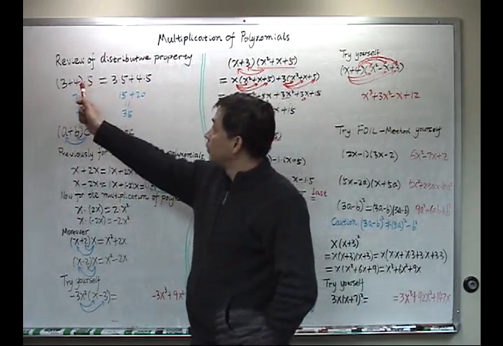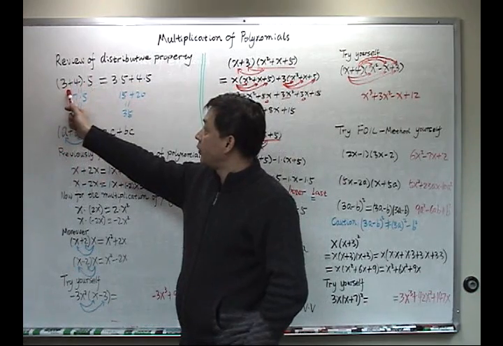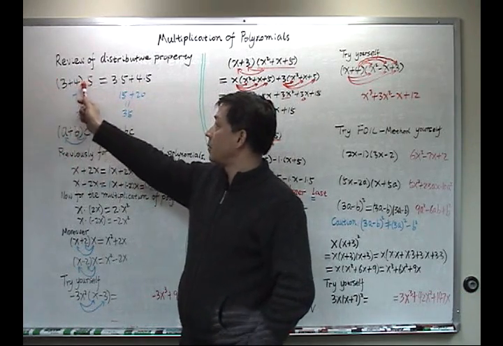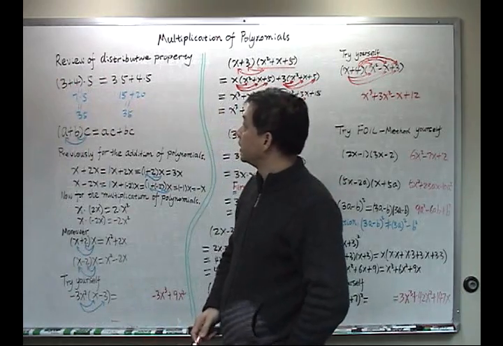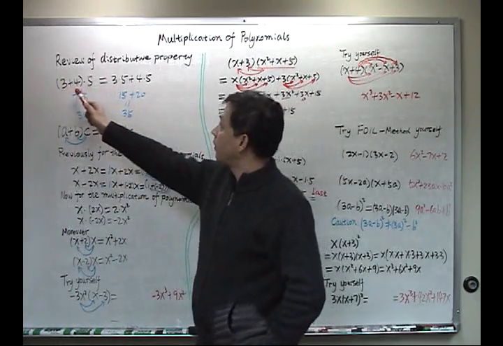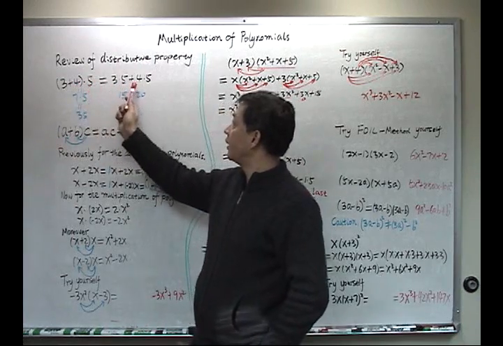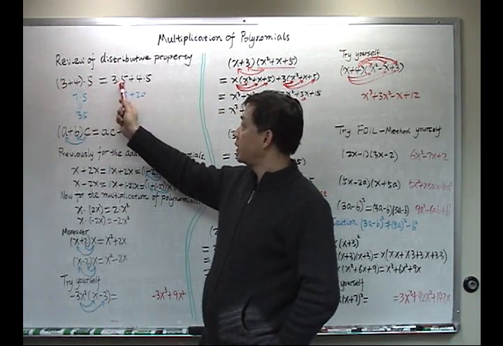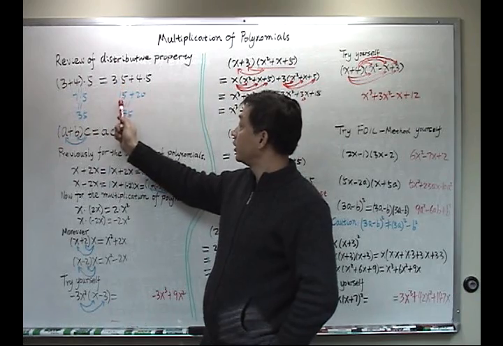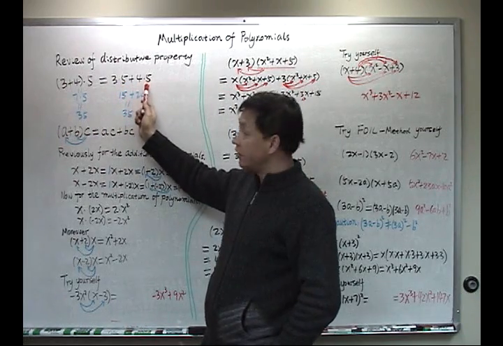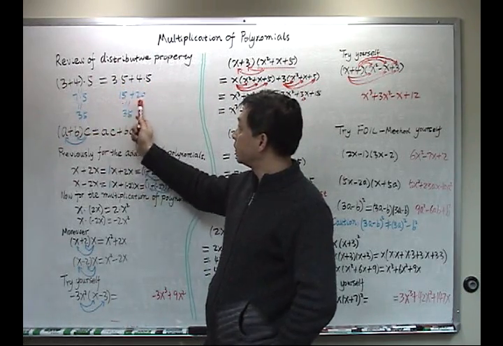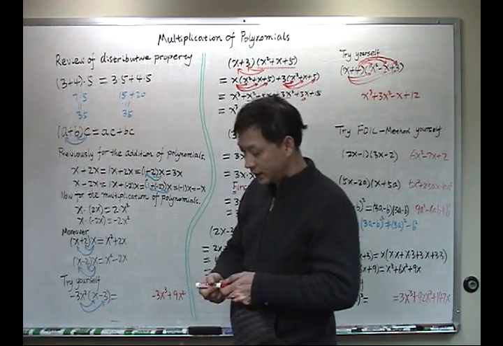So when we do the multiplication like (3 plus 4) times 5, we should have 3 times 5 and then 4 times 5, because 3 times 5 gives us 15, 4 times 5 gives us 20, so together we have 35.